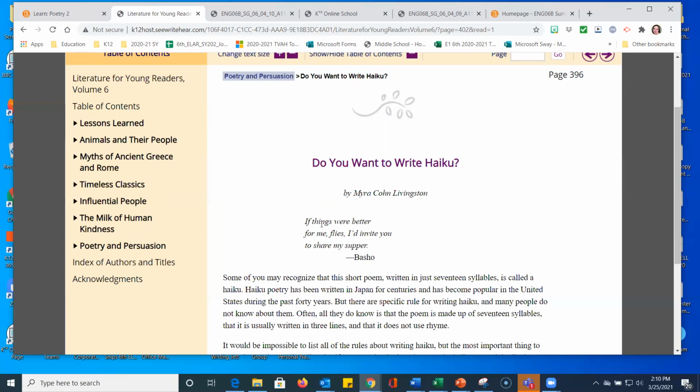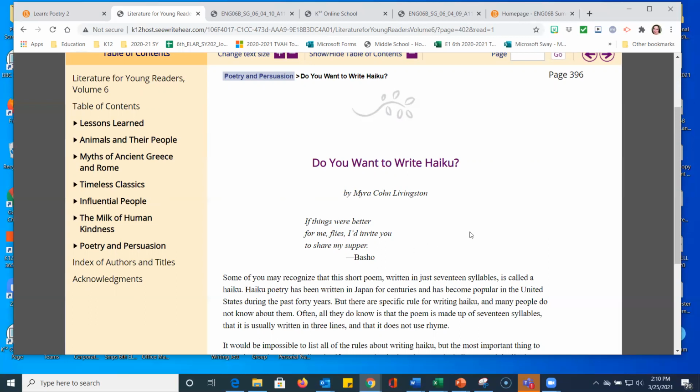It does need to be about nature, so they're talking about flies here and supper, but it's mostly about the flies. Usually it's something in nature. So if it's a ton of flies, what time of year do you think has the most flies? For me, it's always summer here. So maybe they're talking about summer.